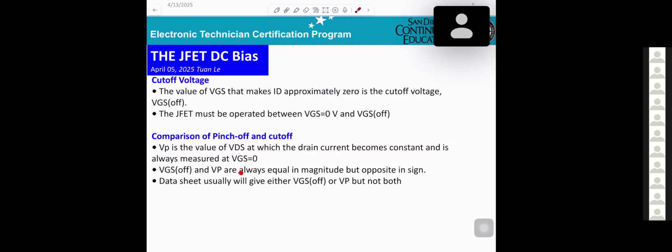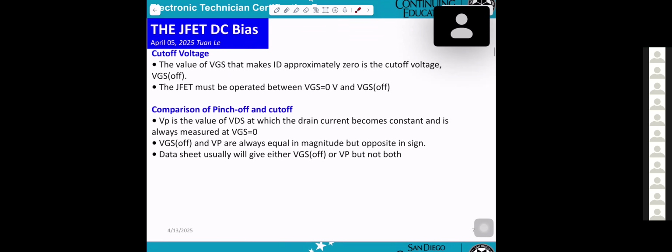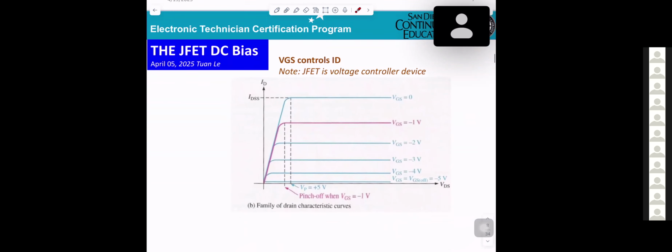VGS off and VP are always equal in magnitude but opposite in sign. A data sheet will usually give either VGS off or VP, not both. That summarizes what you need to know. Otherwise, when you're reading in the textbook, they get into too many details that you don't really need.